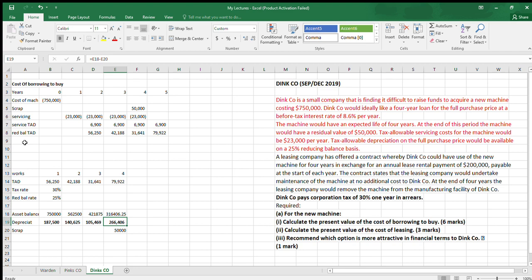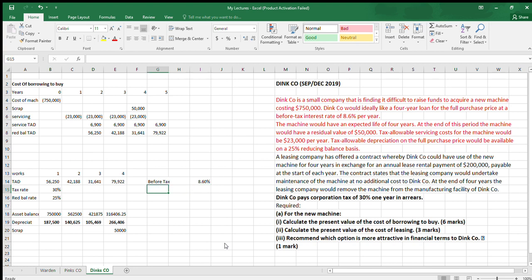So you set up your workings in thousands from year 1, year 2, year 3. And mind you, year 0 is always for the initial investment, initial capital. But in this case, you are borrowing, so it will be the cost of capital. So let's set up our rates here. Here we have our before tax rate, which is 8.6%.